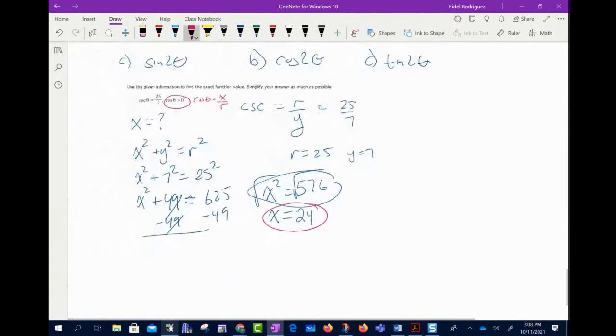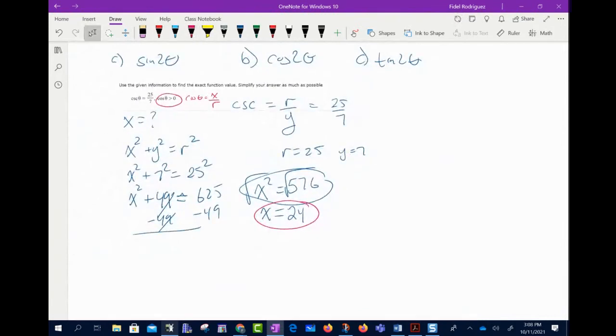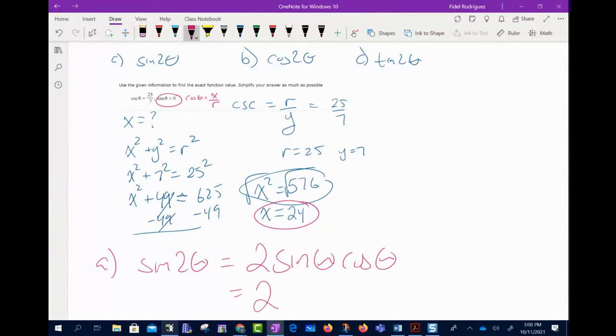All right, so now that we know that, let's go through each of the pieces. Part A says we want to find the sine of 2 theta. Anybody remember the formula? There you go. Okay, so let's do it like this, 2.